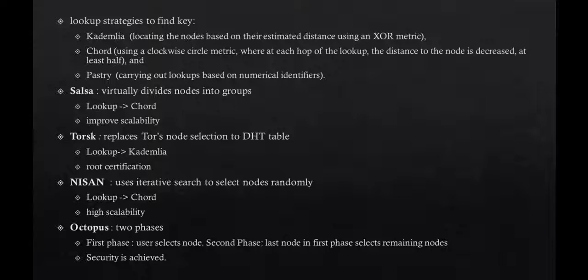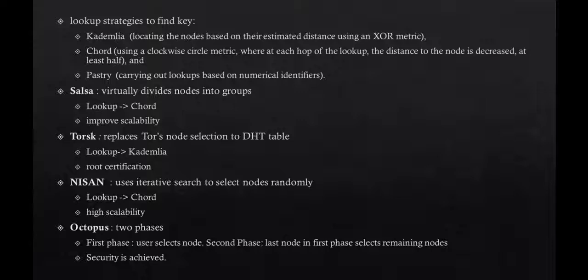ToR, that replaces Tor's node directory with a DHT table by using a randomly chosen key that is looked up in Kademlia. Here, root certification is used to secure the lookups. NISAN: it uses iterative search to select nodes randomly through Chord. This aims at achieving high scalability.